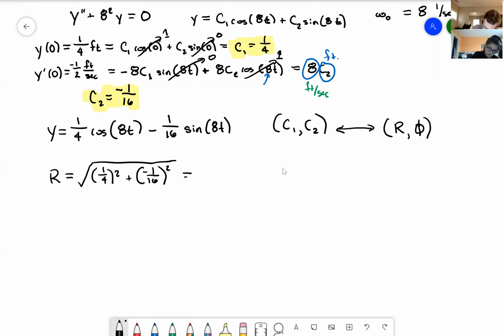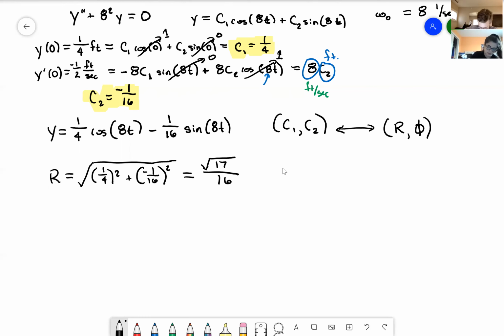And this ends up being equal to the square root of 17 over 16. Not particularly difficult to see, but nonetheless, that's what we get.